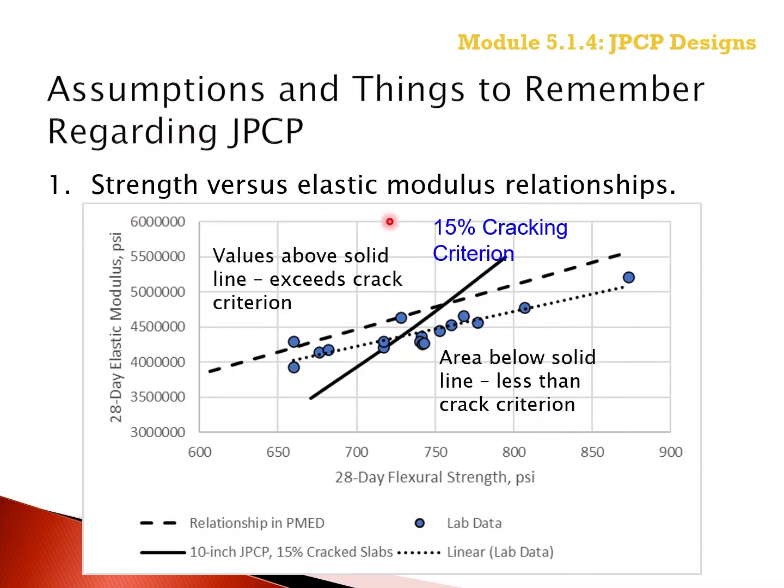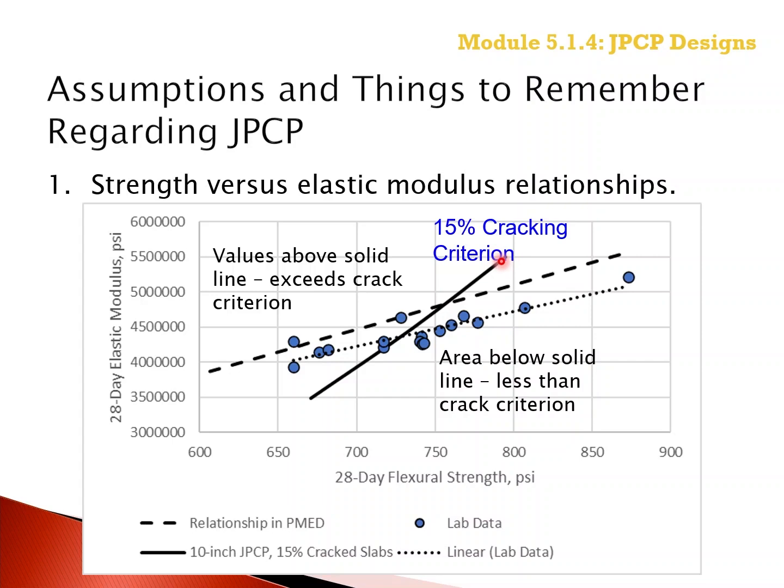This graph is complicated and shows a lot of information, but it compares the data or observations included in the previous slides. In summary, the solid black line represents a 9-inch jointed plain concrete pavement thickness for which 15% cracked slabs were predicted at the end of the design life, which is 20 years.